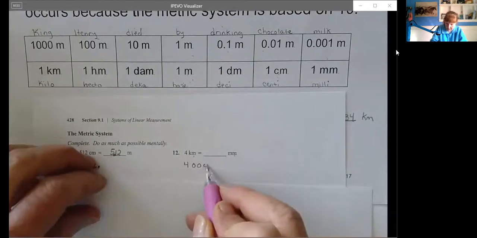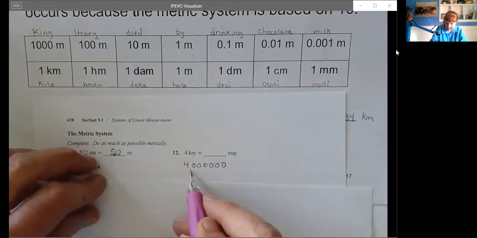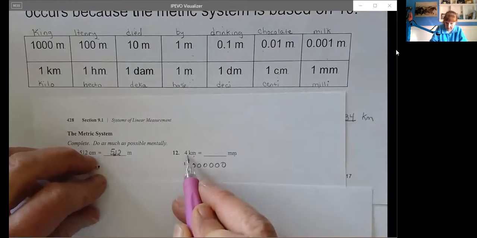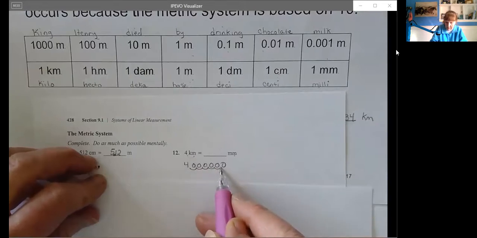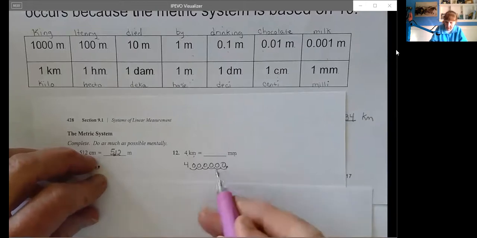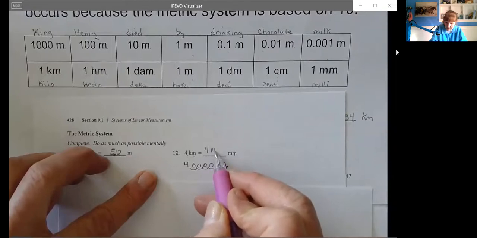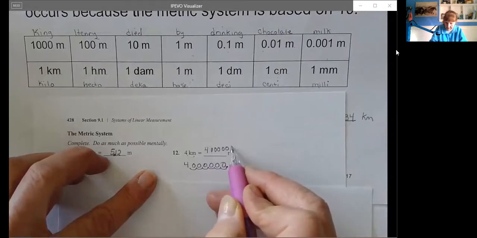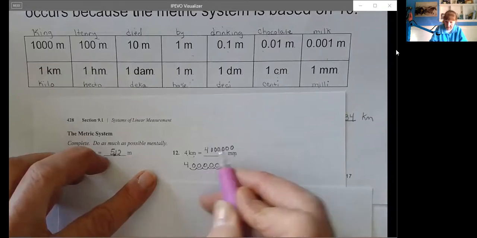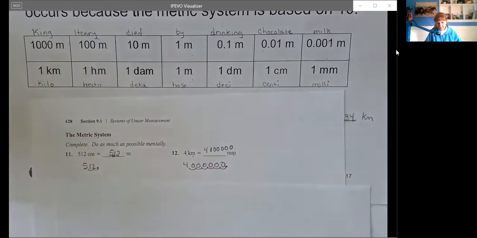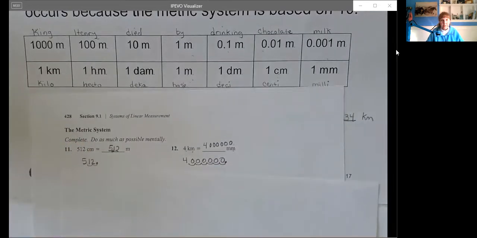Let's just check it. It's here, at the end. 1, 2, 3, 4, 5, 6. You bet. Which gives us, I don't think I have enough room, millimeters. So 4 million millimeters for 4 kilometers.